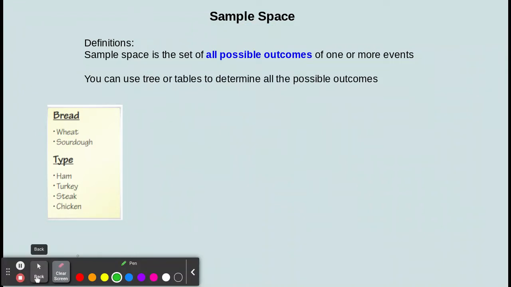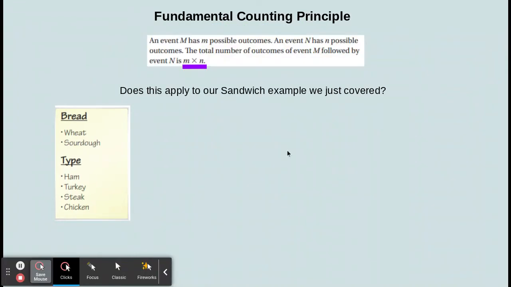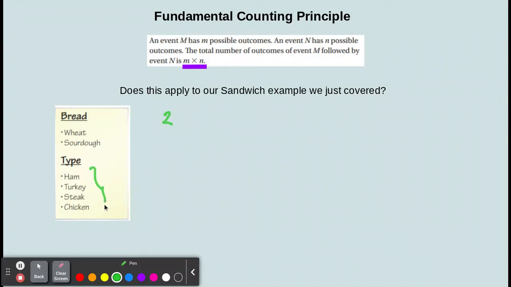Okay, and that tree method is one way to do it. But there's another way to do it, and that's by using the fundamental counting principle. And this says that if we take the total number of outcomes for the first event, selecting bread, we have 2 outcomes for that, and then we can multiply that by the total number of outcomes for the second event.